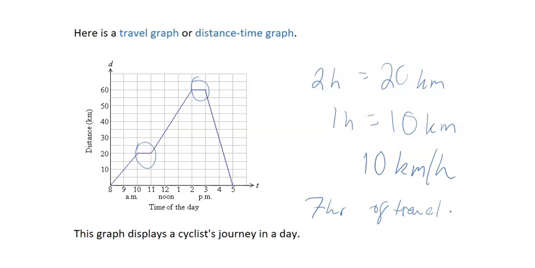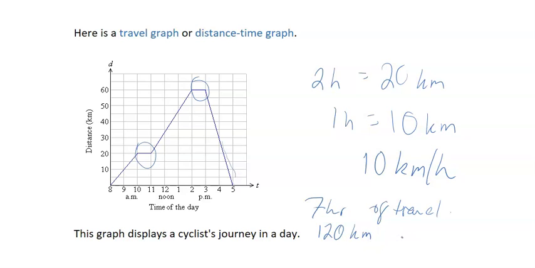And how far was the distance over those 7 hours? So you can see from the distance and the height that this cyclist went all the way 60 kilometers away from home and also traveled another 60 kilometers back home. So there was actually 120 kilometers for the distance.